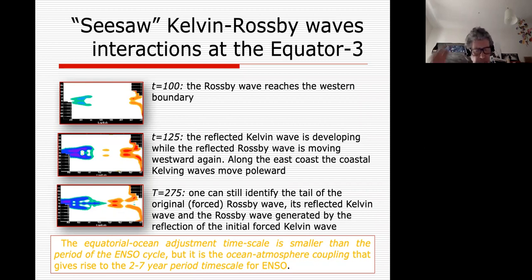And if you have more reflection, at the end we obtain something more similar to a La Nina condition, which means that any perturbation ends up in the long run in La Nina condition, which is probably the steady state for the ENSO phenomenon.